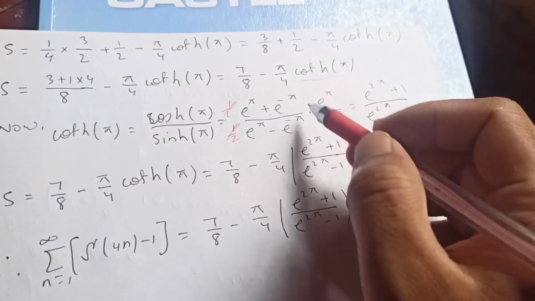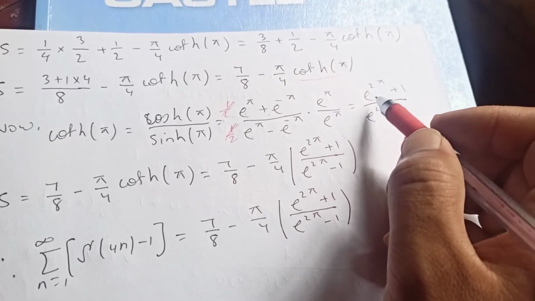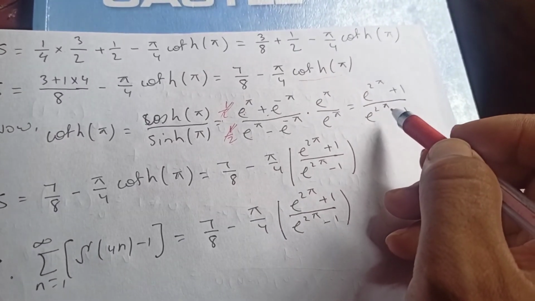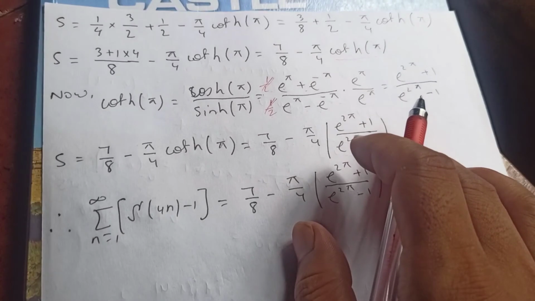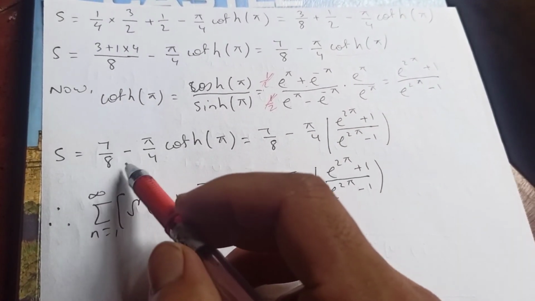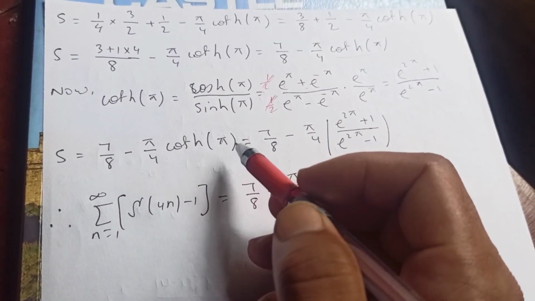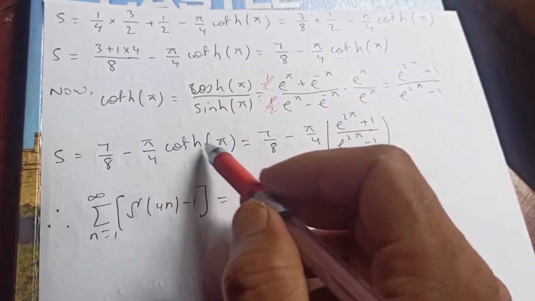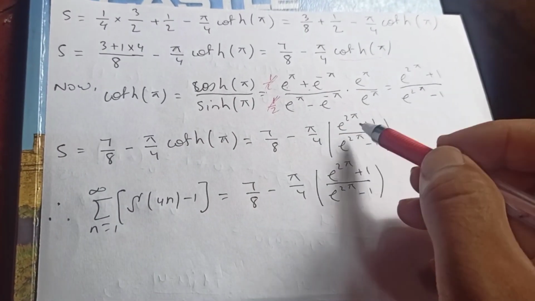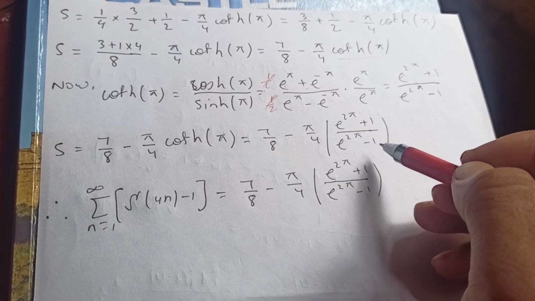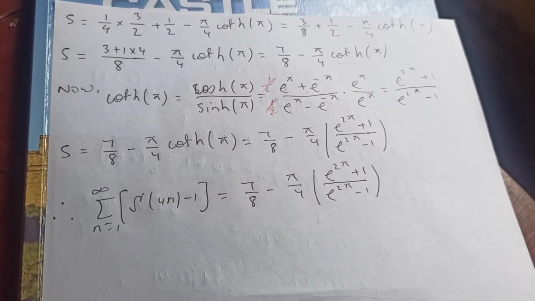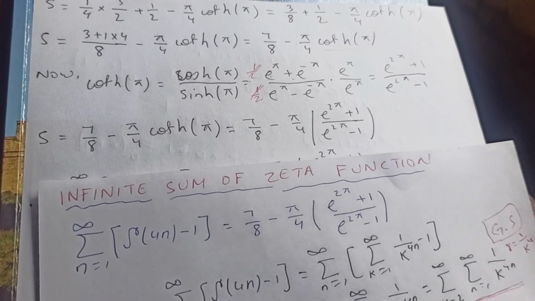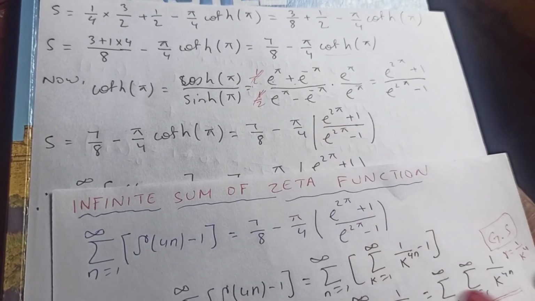Now multiply both numerator and denominator by e to the pi, you will get e to the 2 pi plus 1 upon e to the 2 pi minus 1. Therefore our s is 7 by 8 minus pi by 4 coth of pi, which is nothing but 7 by 8 minus pi by 4 times e to the 2 pi plus 1 upon e to the 2 pi minus 1. That is what we are getting here, right?